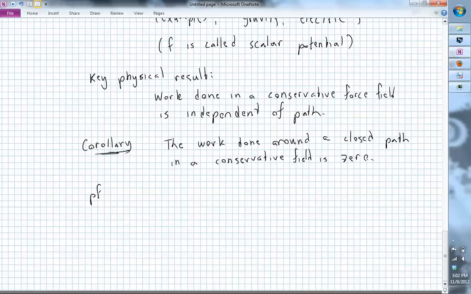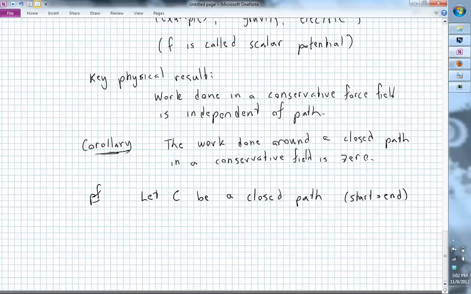Okay, let's do a quick proof here. Let C be a closed path. What do I mean by closed path? The starting point and the ending point are equal. So the start point equals the end point.